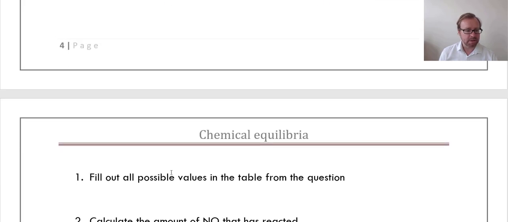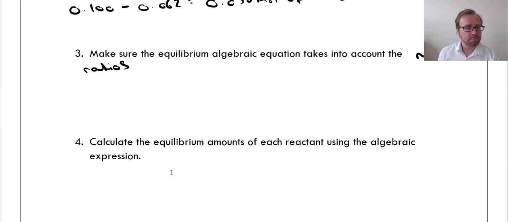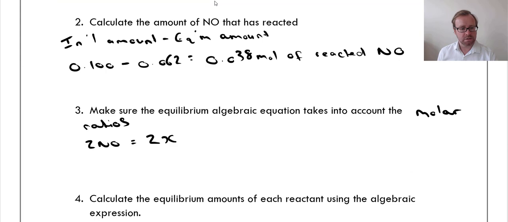Therefore, because 2NO has reacted, it is equal to 2x, where x is the amount that has reacted. So 2x is equal to 0.038. Hope that makes sense.